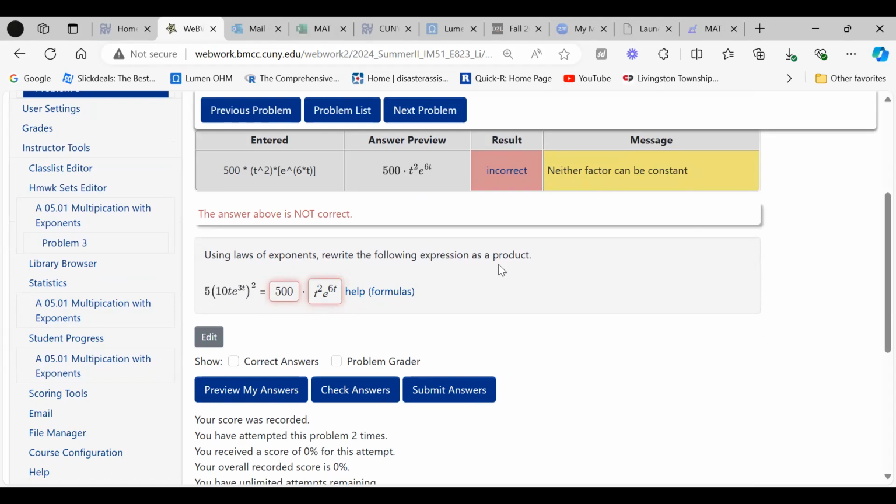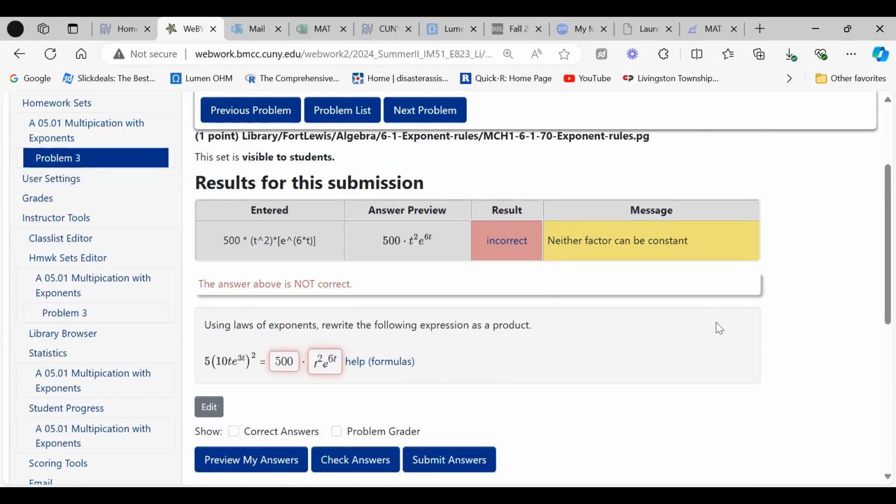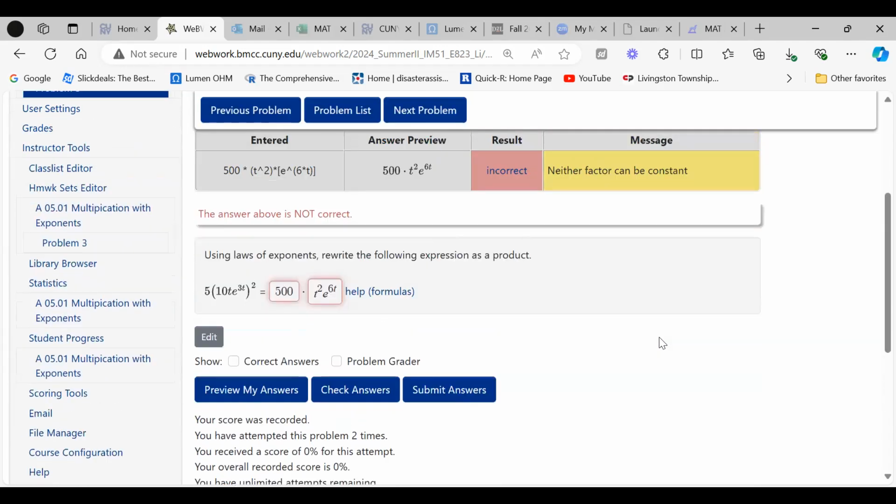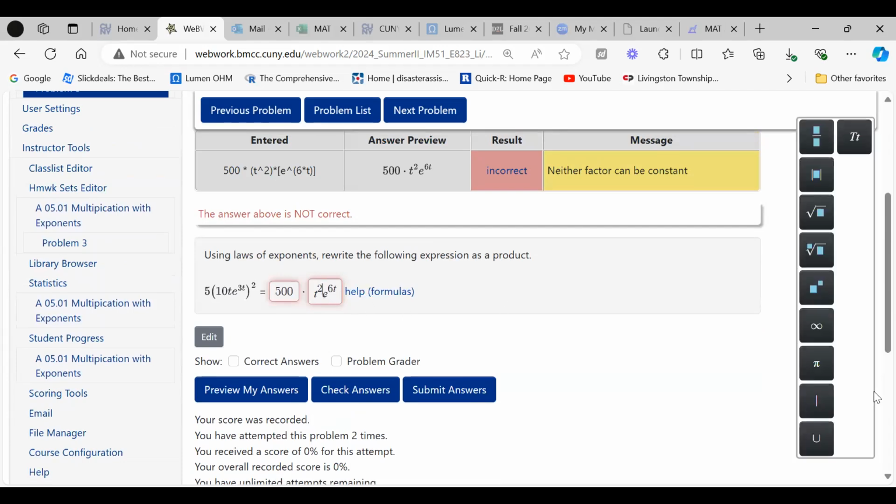We write the following expression as a product. Neither factor could be constant. The answer is correct, maybe just the way we input it. It doesn't recognize this. Maybe they want this.